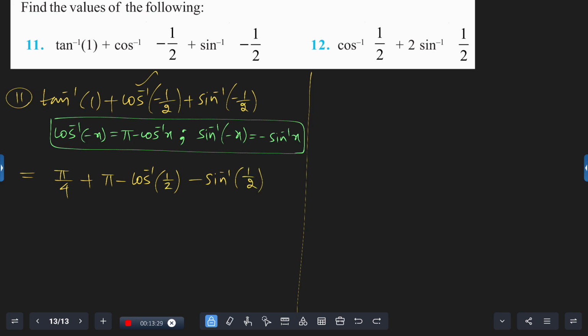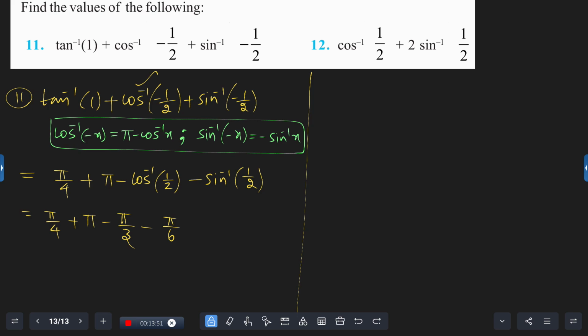Now we have to go here. So pi by 4 plus pi minus, where will you get 1 by 2 in cos? Pi by 3, which means 60 degrees. Like that, minus, where will you get 1 by 2 in sin? 30, which means pi divided by 6.